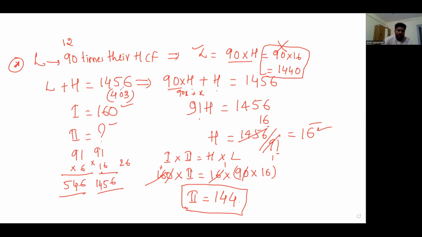If one of the numbers is 93, then what is the other number?